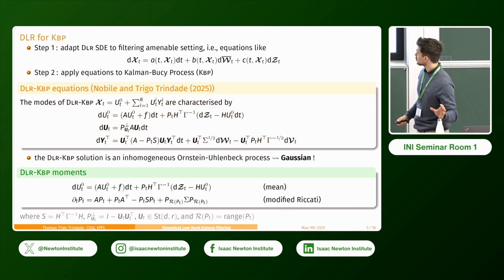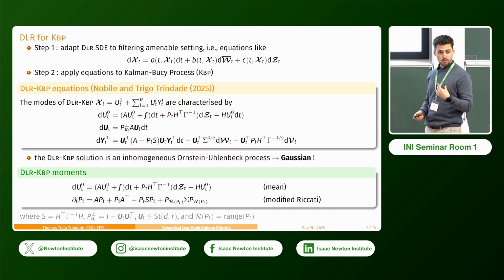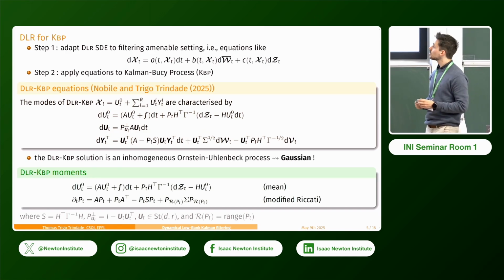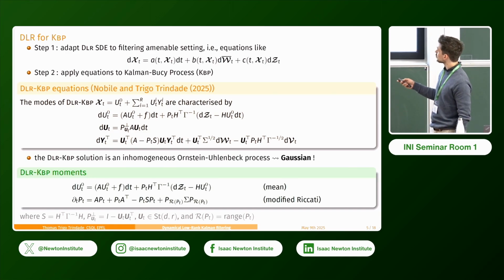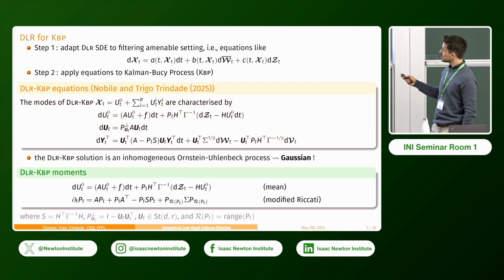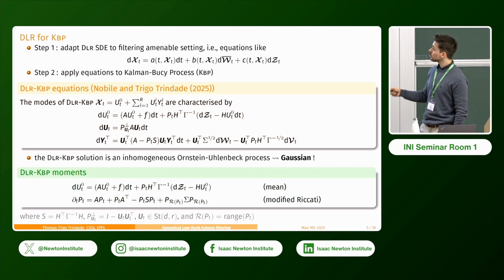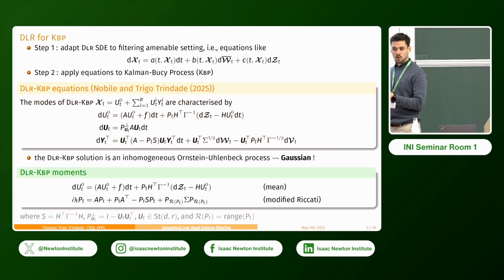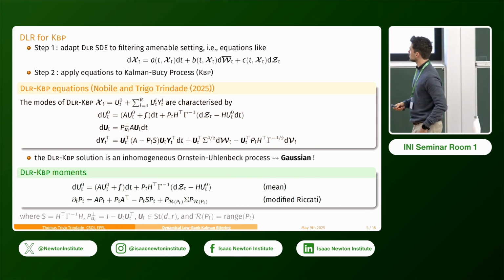But then you can apply it to the Kalman-Bucy process that we've seen before, this auxiliary process, and you get these equations here. So you have, as promised, this low rank approximation of your process at all moments. Here the mean, here the physical modes, here the stochastic modes. One evolution equation for the mean, which looks very similar to the one that we had before, and an evolution equation for the physical and the stochastic modes, which gives you this promised low rank representation of your process at all moments in time.